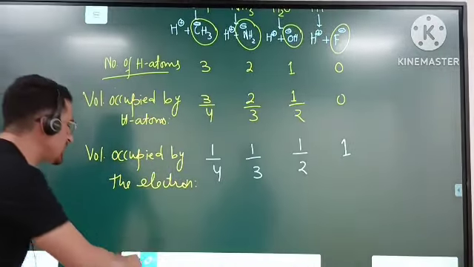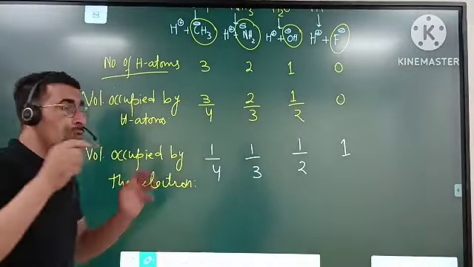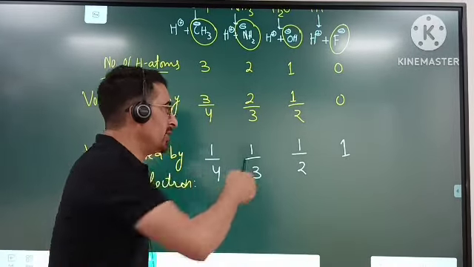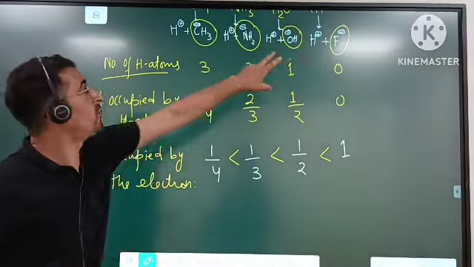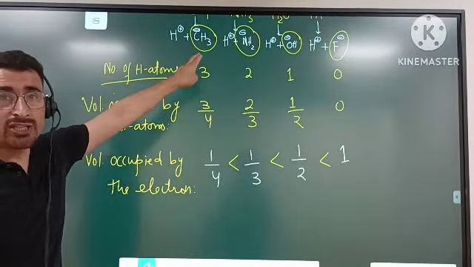Now you can easily see that the volume occupied by the electron shows decreasing order when we move from F negative to CH3 negative.